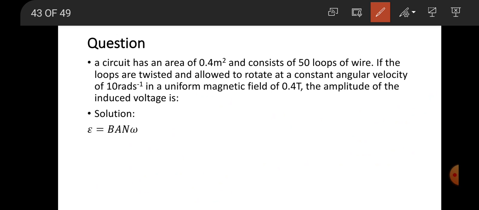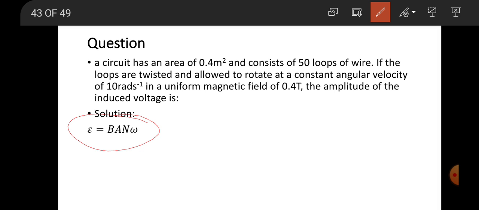Now we see another question. A circuit has an area of 0.4 meters square and consists of 50 loops of wire. If the loops are twisted and allowed to rotate at a constant angular velocity of 10 radians per second in a magnetic field of 0.4 Tesla, the amplitude of the induced voltage is, here we can see this is a loop, so BAN.